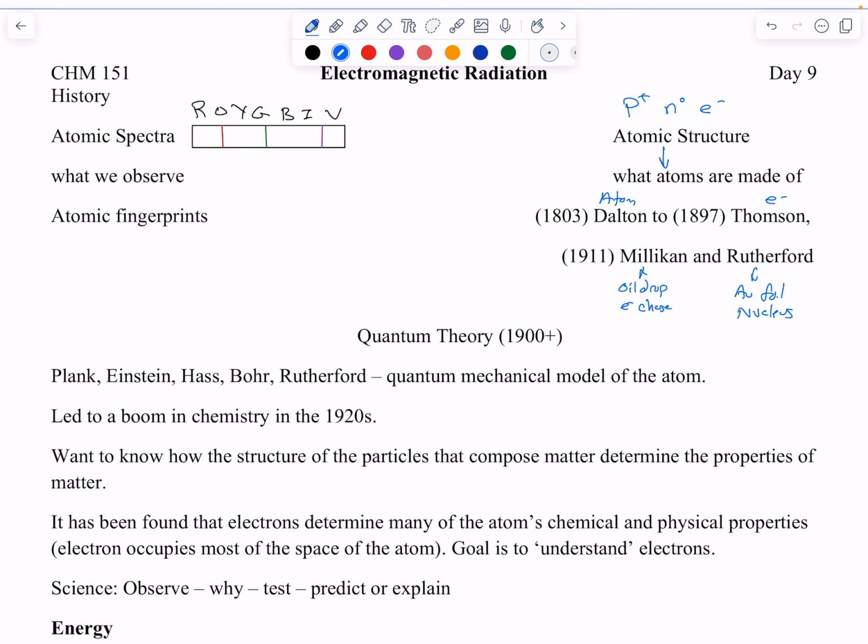So lots of people were trying to figure out matter and what it was. And then there's a few guys that came up with quantum theory.